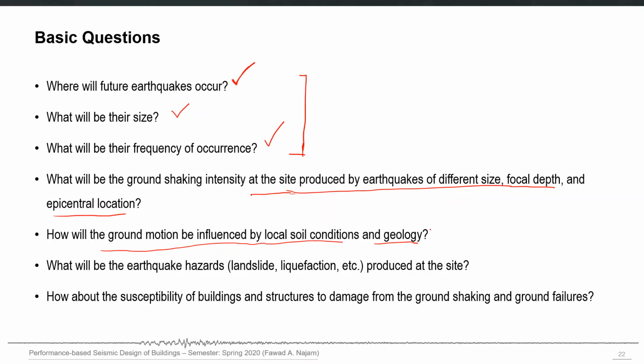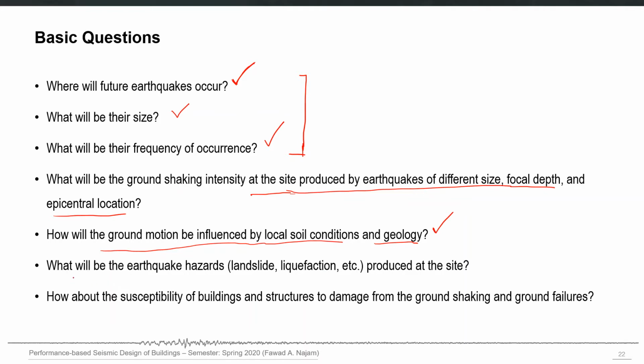In current practice, this effect is quantified by different building codes, and they provide a factor which is more than 1, and you can amplify your forces by that factor in order to account for the amplification due to local soil effects. If the local soil conditions tend to de-amplify or diminish the ground shaking, the factor will be less than 1. So different building codes address this issue empirically by prescribing different coefficients for that.